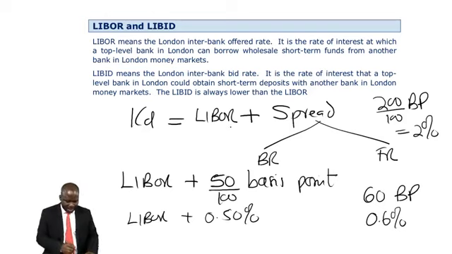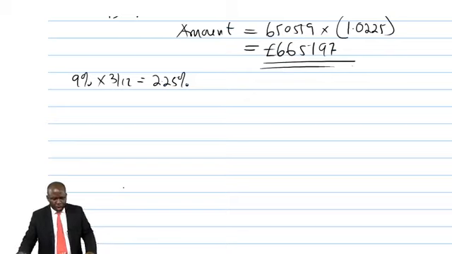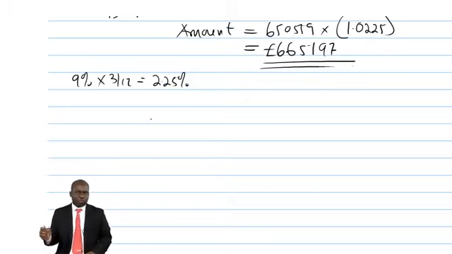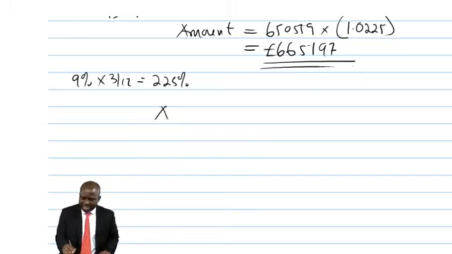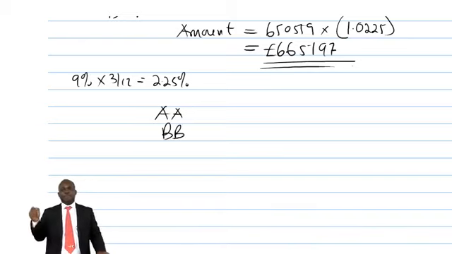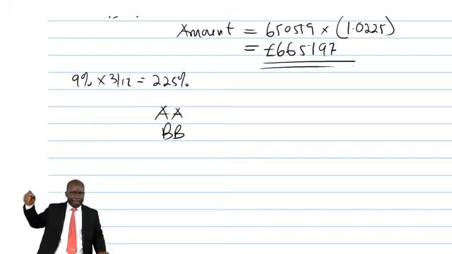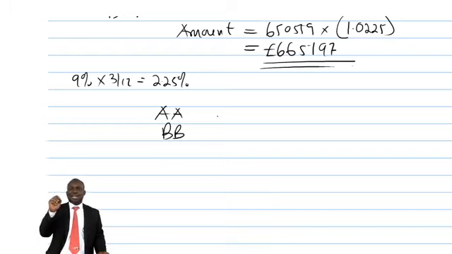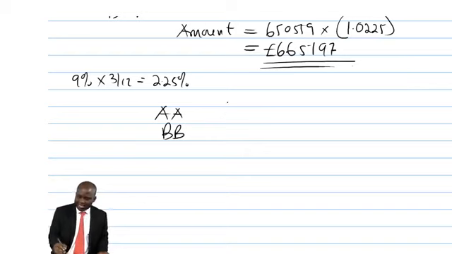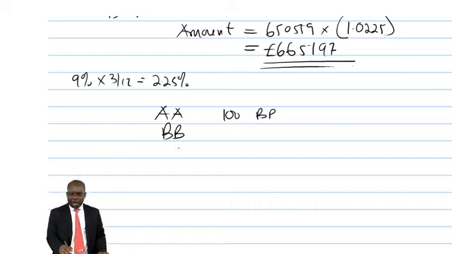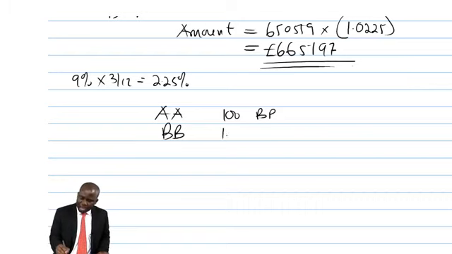So the examiner might say that you borrow at LIBOR plus your spread, and your spread is based on your credit rating, and he will give you credit ratings, let's say AA, let's say BB for the sake of argument. But your company is a BB. So they will tell you the credit spread for AA is, let's say, 100 basis points. The credit spread for BB is, let's say, 130 basis points.